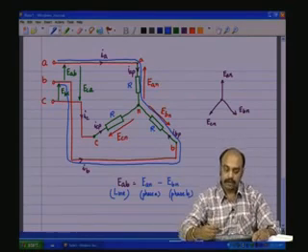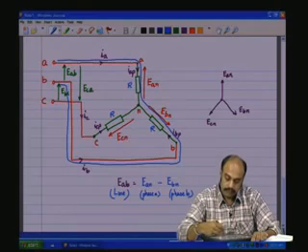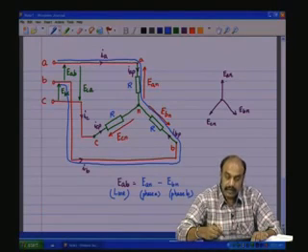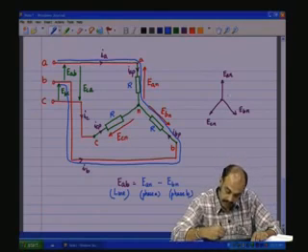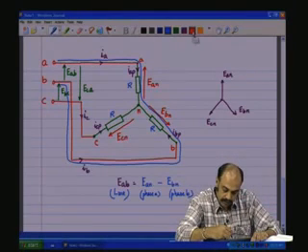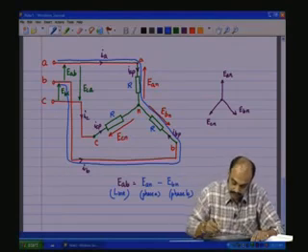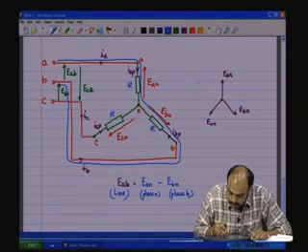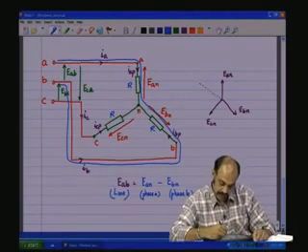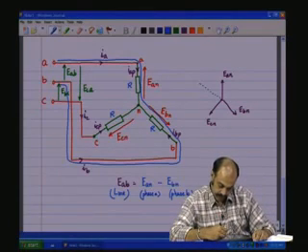So, look at it across in the phasor diagram shown here. Now, EAN, what is minus EBN? The minus EBN will be along this axis, but in the minus direction, same amplitude, but minus direction.